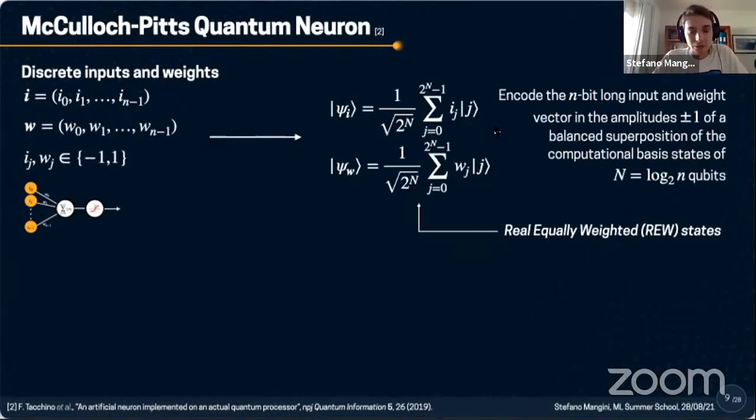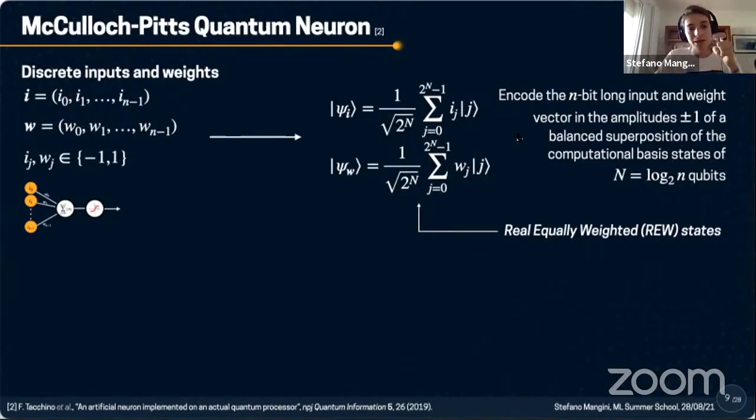These states, as you can see, are made of, we have one for the input vector. So we have a quantum input vector state and also a quantum weight vector state. And these states are made by a very big superposition of all the states in the computational basis of a system of qubits.